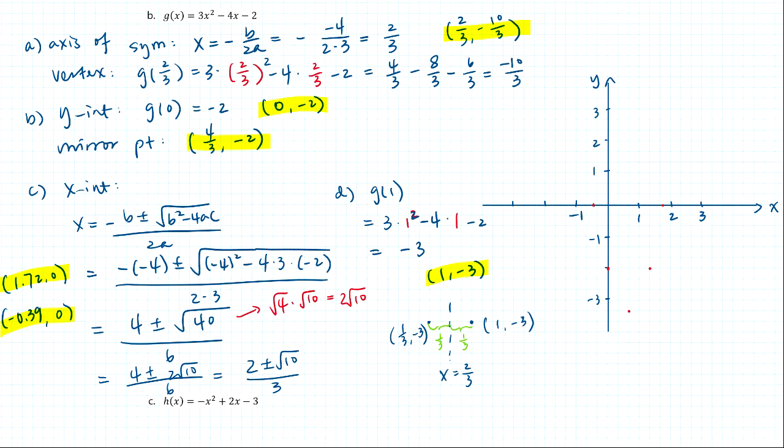So 1, negative 3 is exactly here. 1/3, negative 3 will be right here. And now we can go ahead and connect the dots. And we would get the graph for g of x. And whenever you're ready, we can move on to the next question for graphing.